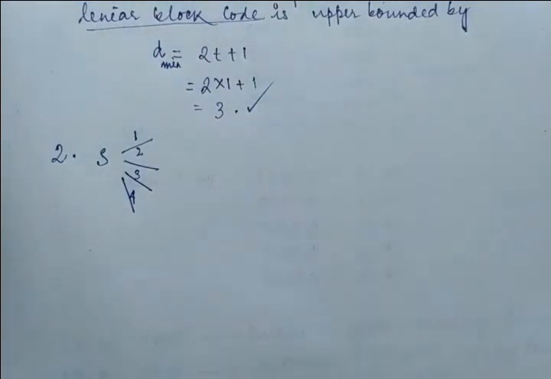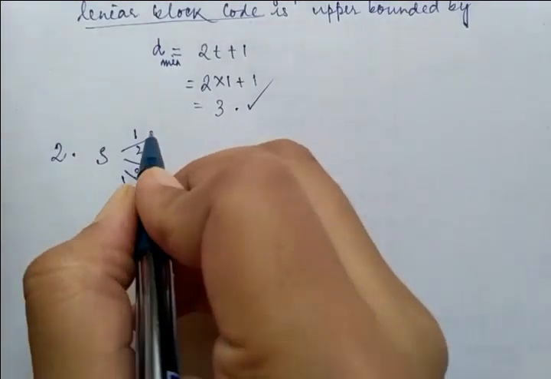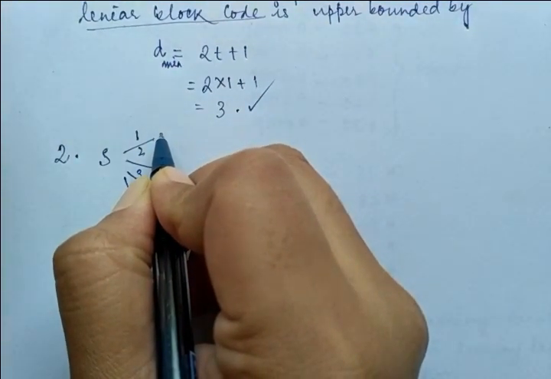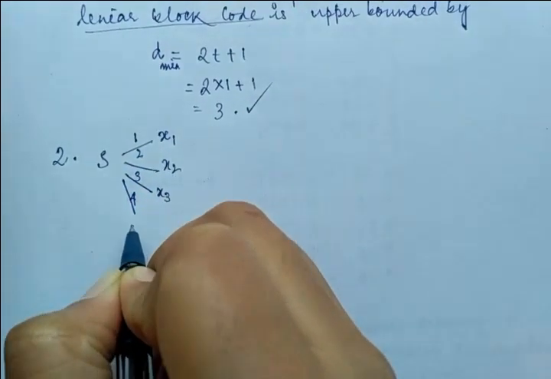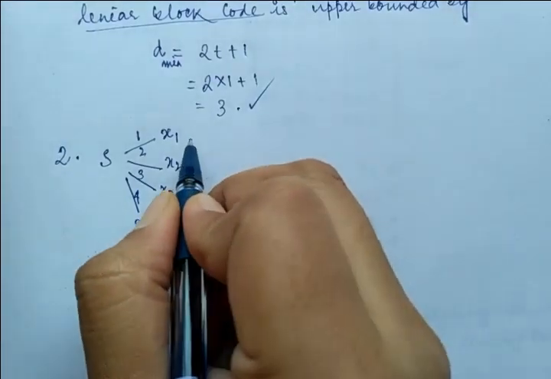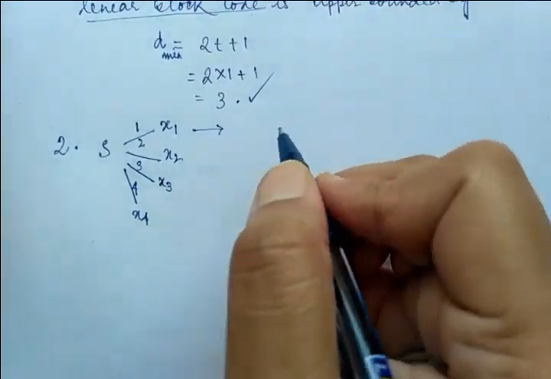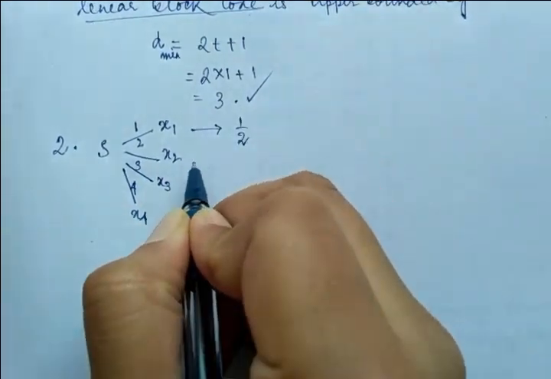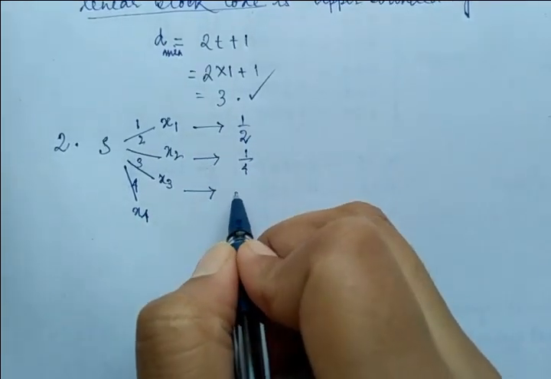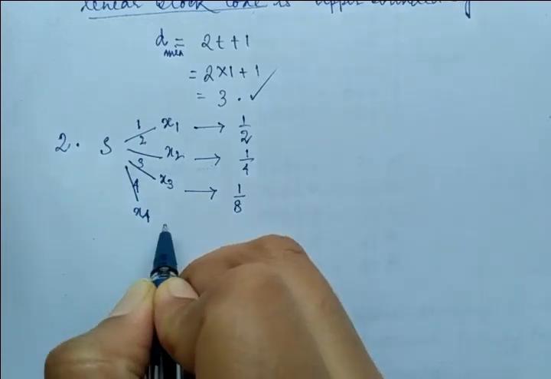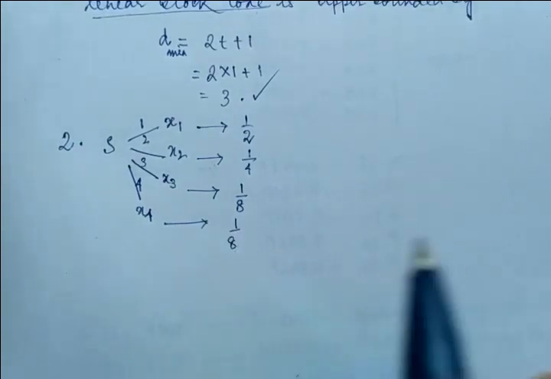Okay, and what is the probability related to that? Suppose these symbols are denoted by x1, x2, x3 and x4, right? The probability related to x1 is 1 by 2, the probability for x2 is 1 by 4, and the probabilities related to x3 and x4 are the same, that is 1 by 8.